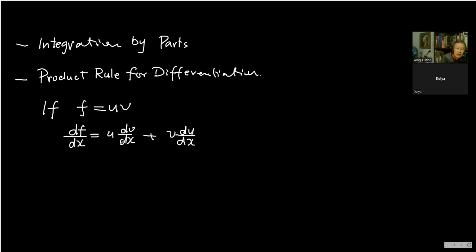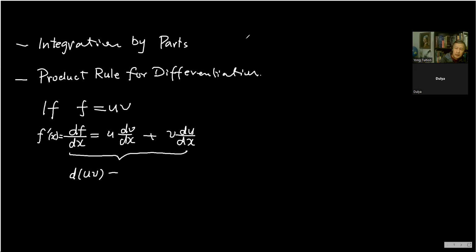We use this all the time, but in many cases we just use what they call the differential form and the first derivative form. We introduced the product rule in the context of finding the first derivative. However, if we rewrite this equation a little bit, we just emphasize that this function can be written as a product of two functions.